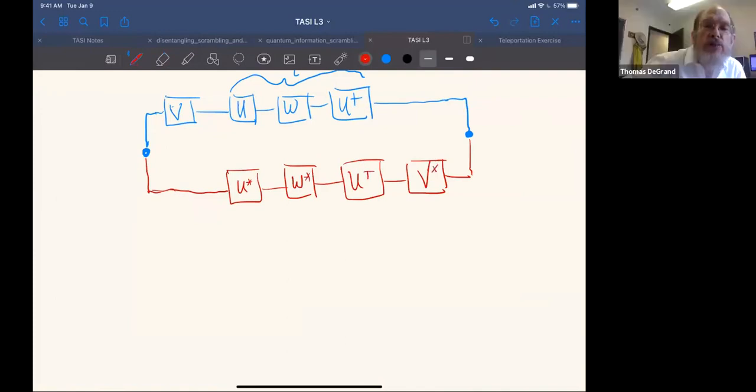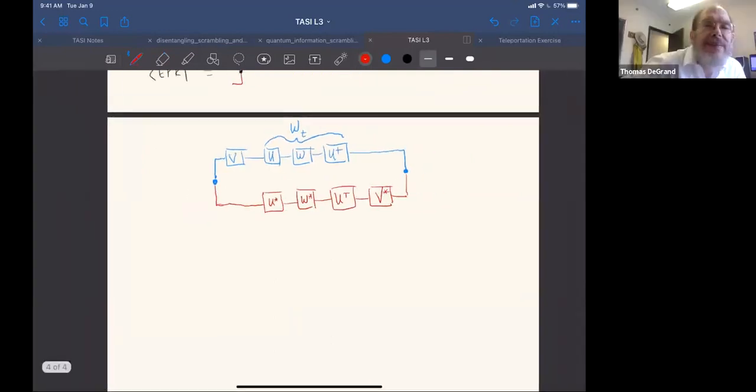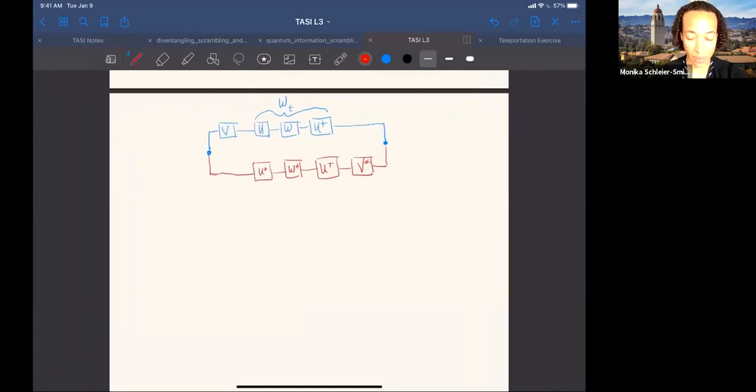Can you write this out in terms of bras and kets? Yes, I'm about to do that. Thank you. Good. So what is this? You have to read this as follows. The initial state that I start with over here is just, I'll write it as EPR.